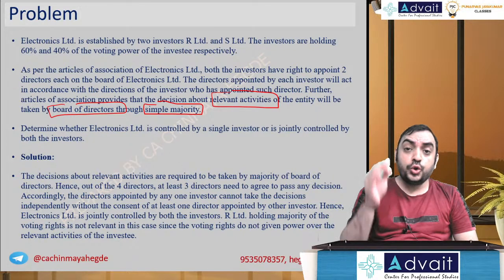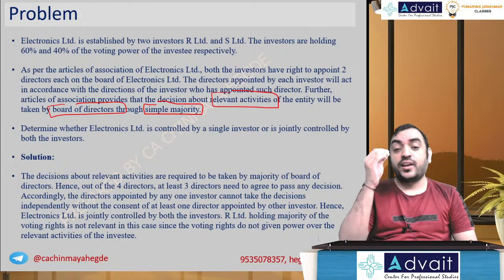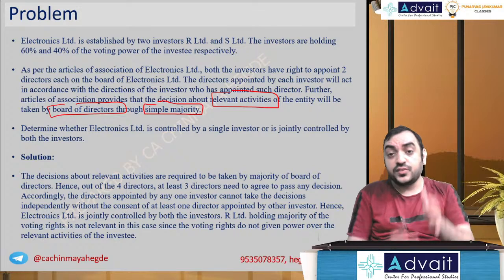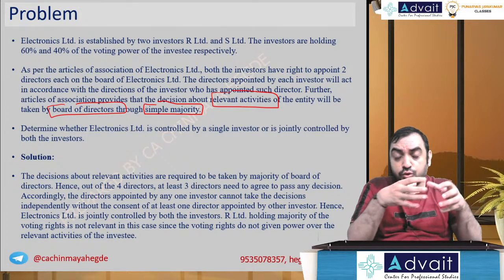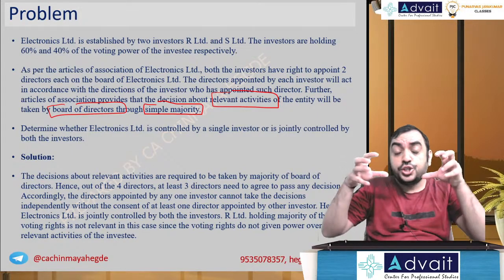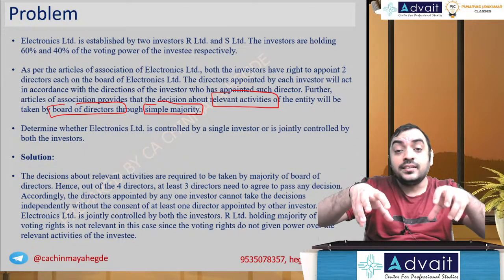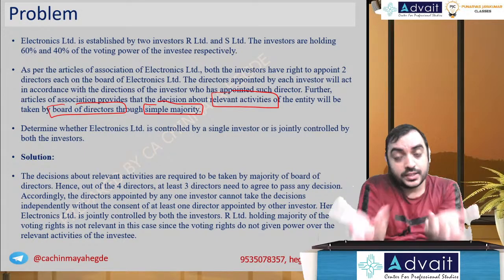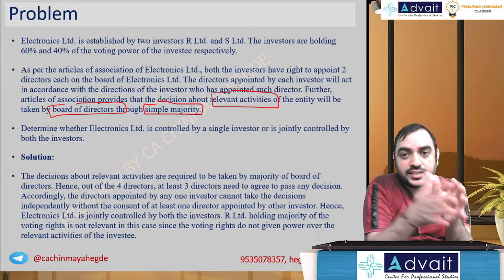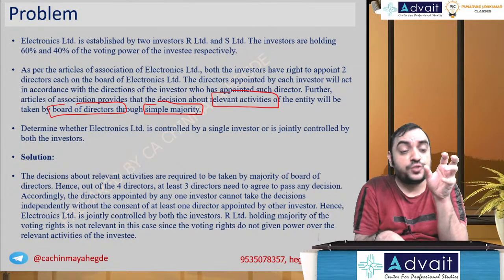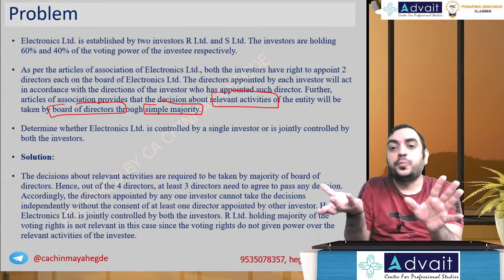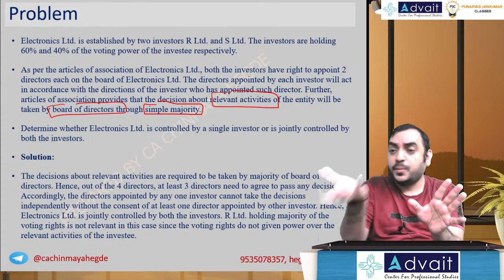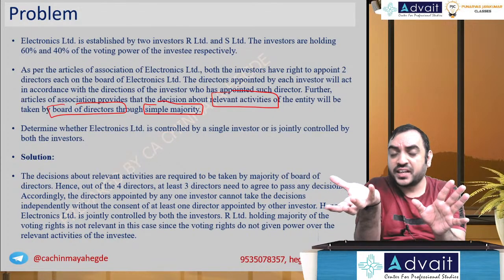Now for you to make a decision, they said you require a simple majority, which means these two directors or these two directors should combine and say yes or no. In the sense, let's say group 1 and group 2: if group 1 says no, group 2 cannot make the decision on their own because they have only 50% of the weight in the board of directors.